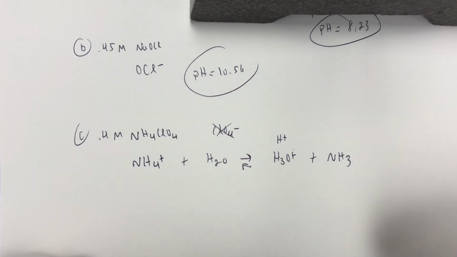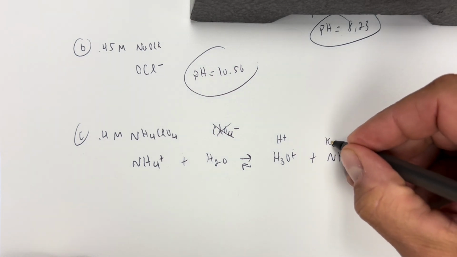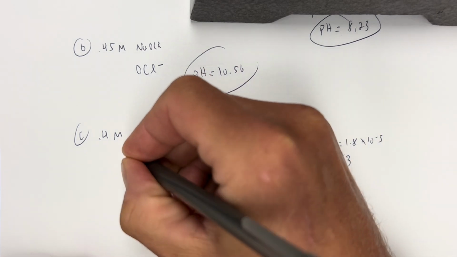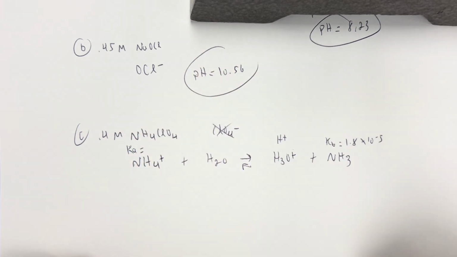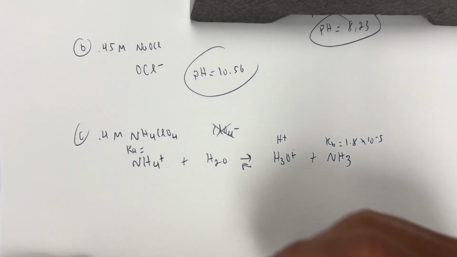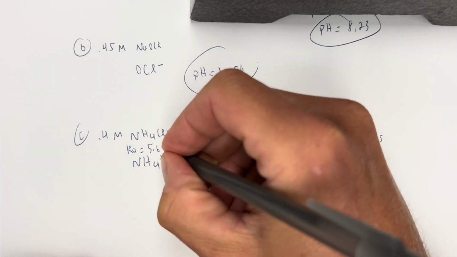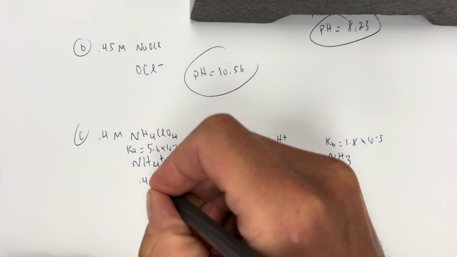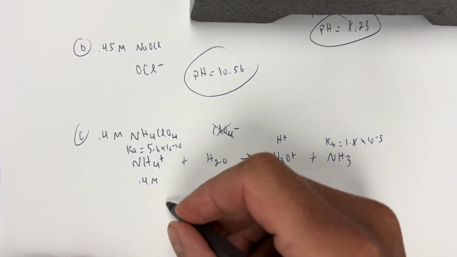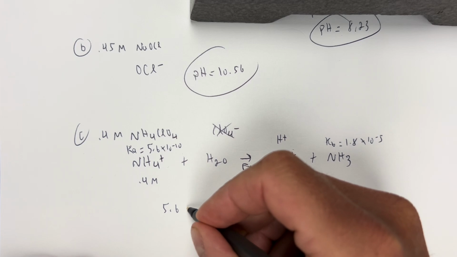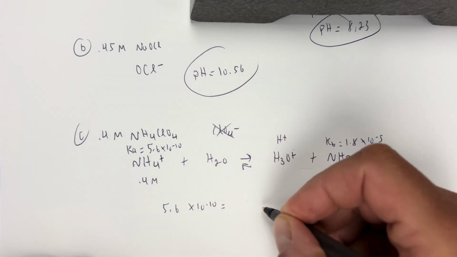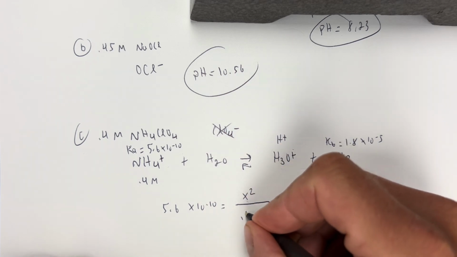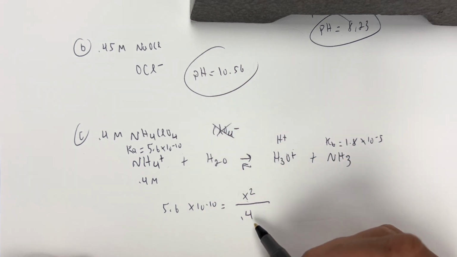I know that this Kb value is 1.8 times 10 to the negative fifth. So I can get this Ka value, and it is 5.6 times 10 to the negative 10th. And it's a 0.4 molar solution. So the Ka, 5.6 times 10 to the negative 10th, equals these two concentrations at equilibrium, x squared over 0.4 minus x, but ignore the x.